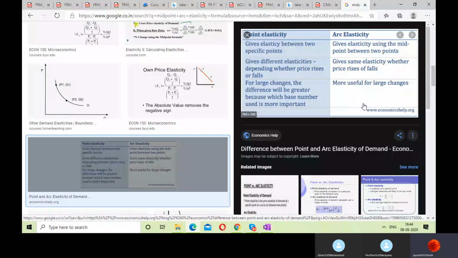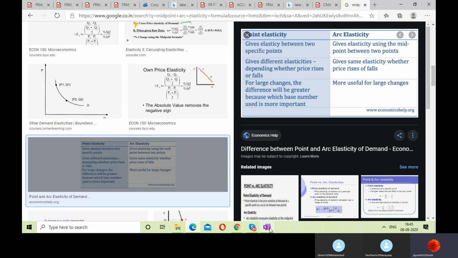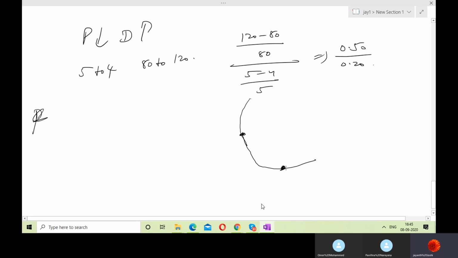So here you can see there are two points and it is taking the midpoint between them. Midpoint is nothing but the average: Q1 plus Q2 by 2. Midpoint is nothing but the median or mean. This is point 1, this is point 2, this is the midpoint.